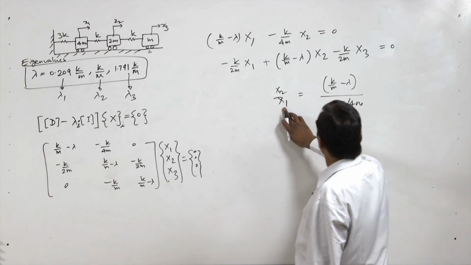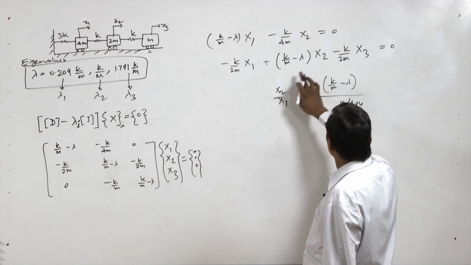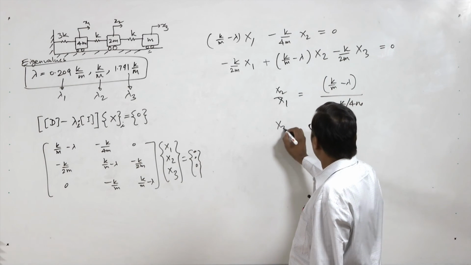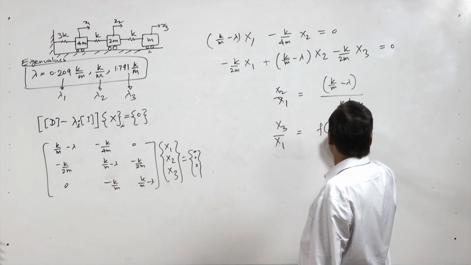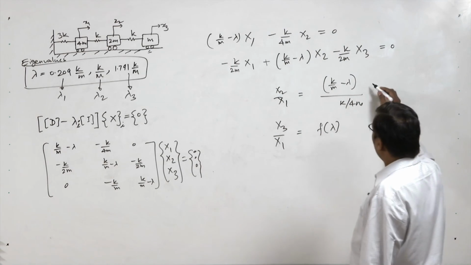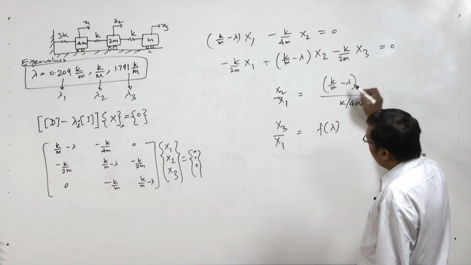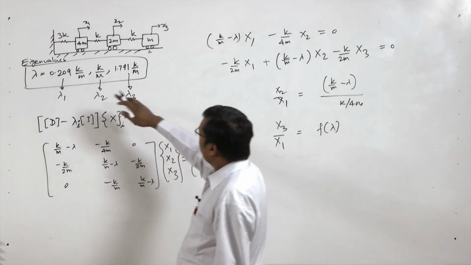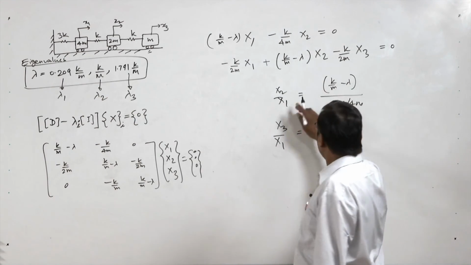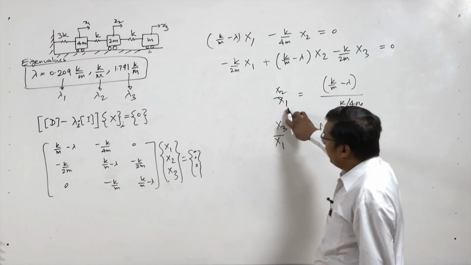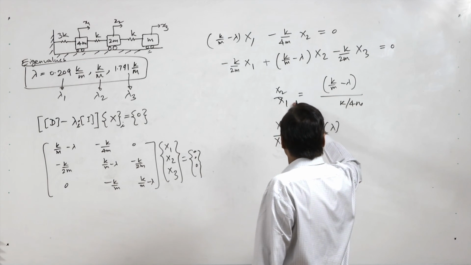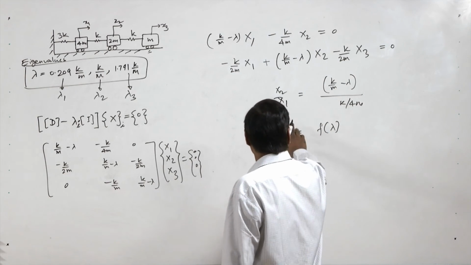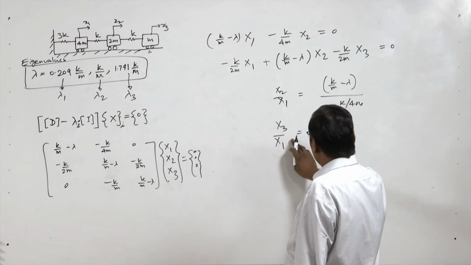Similarly, we put the value of x2 from here and we can get x3 by x1 in terms of a function of lambda. Now if we put one natural frequency, we will get the first mode, and if we put the second frequency, we will get the second mode, and so on.